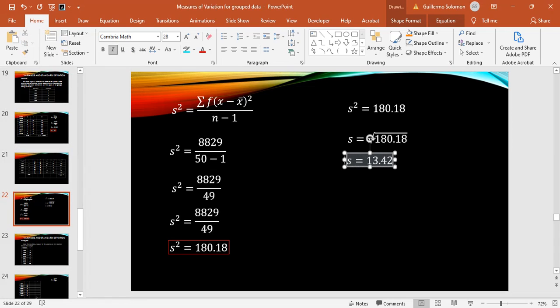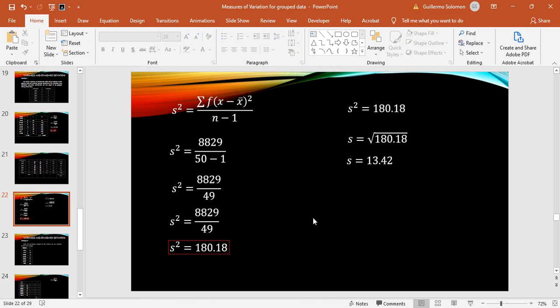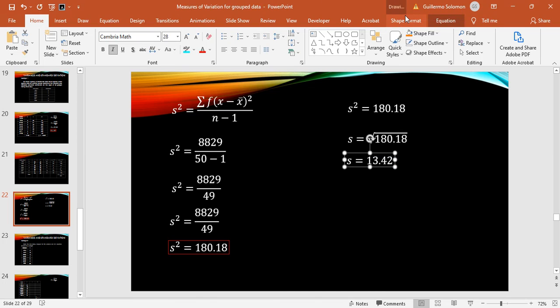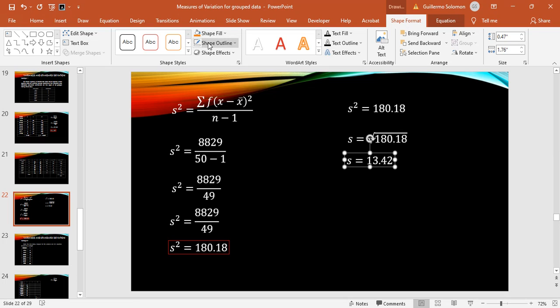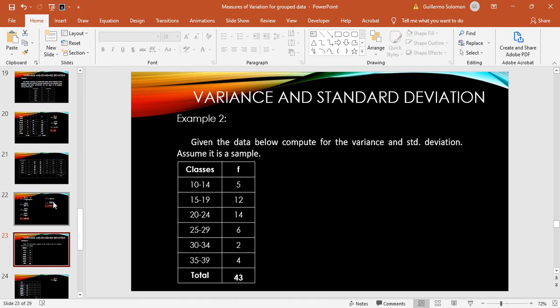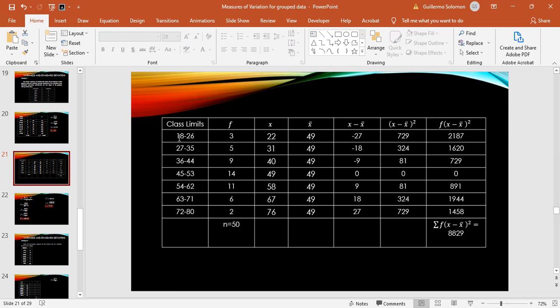And now this is our final answer for standard deviation. Okay, so si variance, yung 180.18, and the standard deviation is 13.42. This is now our final answer. Okay, ang dali lang, di ba? Magagawa lang is mag-add ka, mag-multiply, mag-divide, and then kukunin mo yung roots.